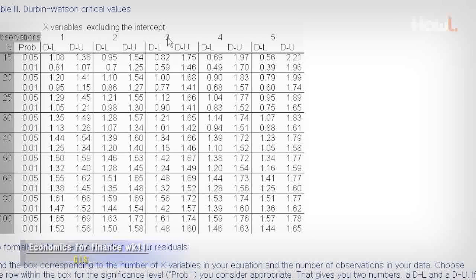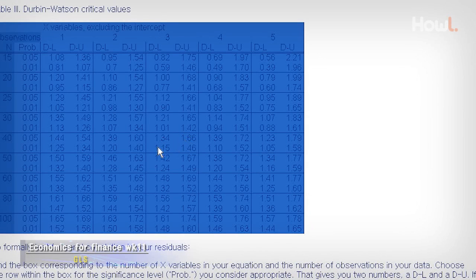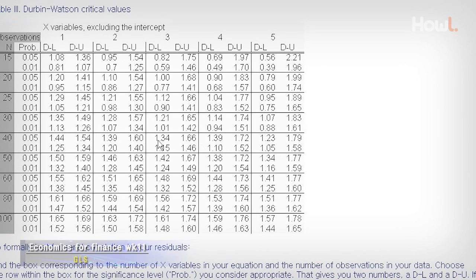If we use three factors, then we have three variables. With 40 data points and three variables, we get 1.43. If you want to do a 95% interval, basically you have to use this one. So if your Durbin-Watson statistic is less than 1.34 or greater than 1.66, you have to reject your null hypothesis.